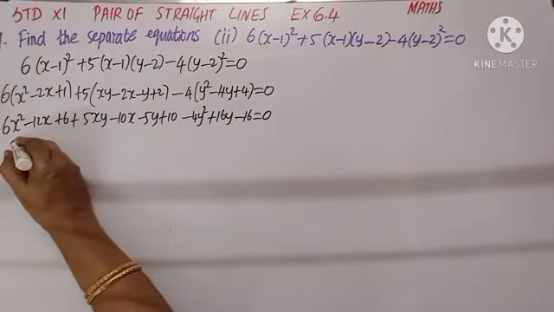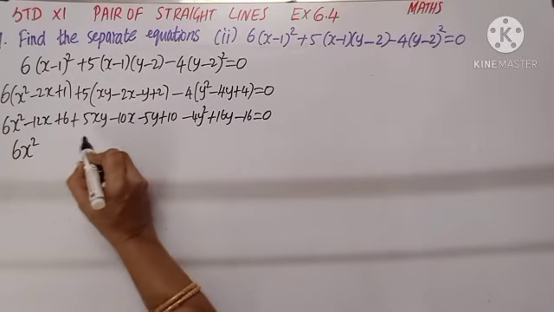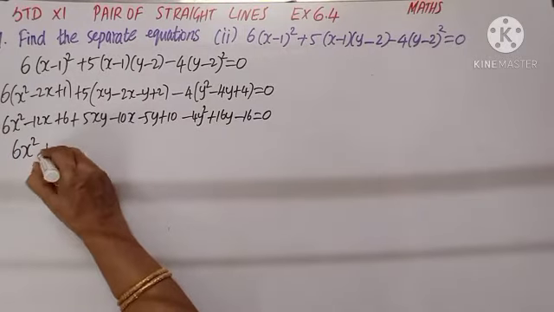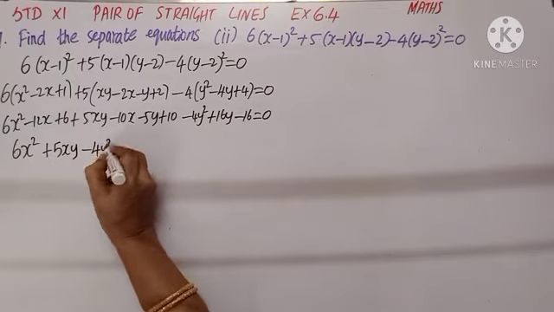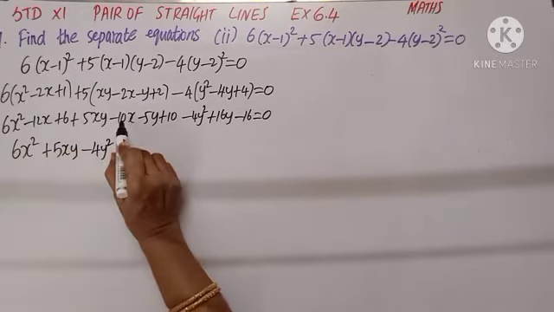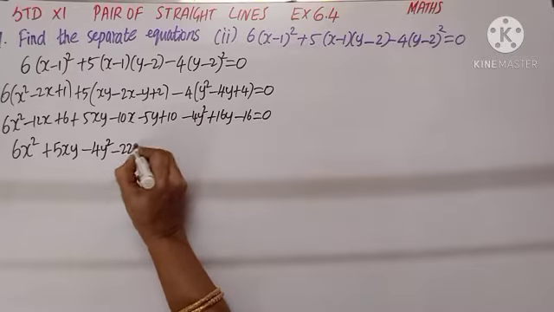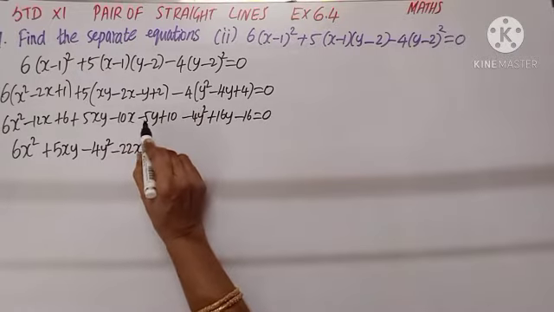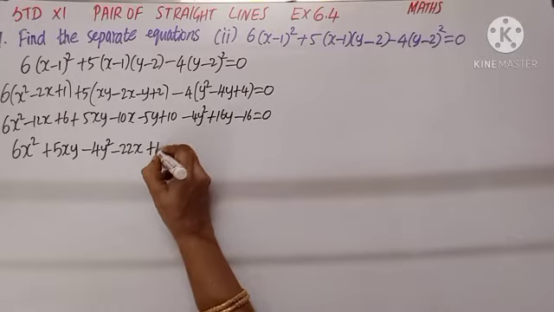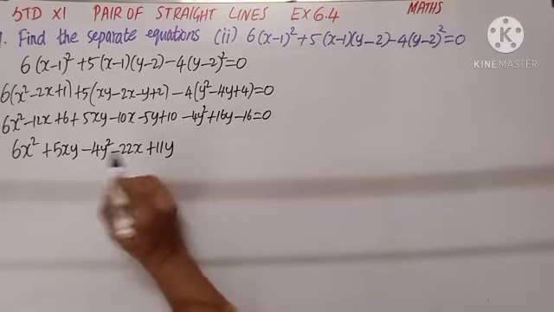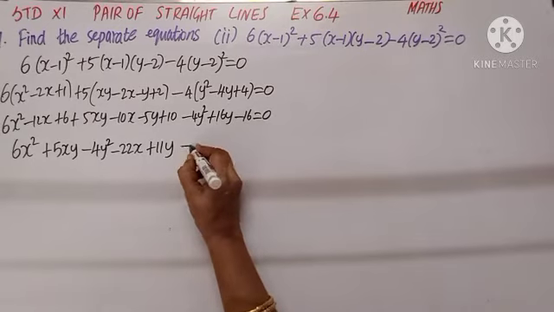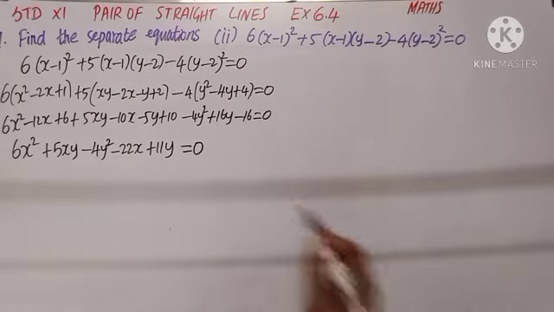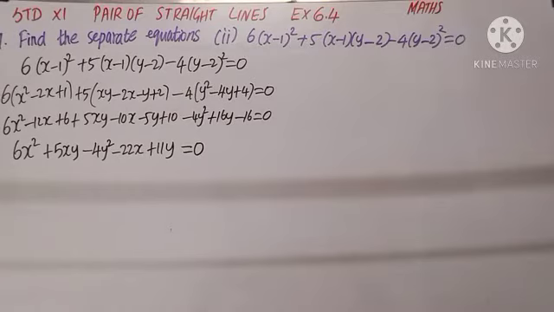Combining the like terms, we get 6x square plus 5xy minus 4y square minus 12x minus 10x minus 22x minus 5y plus 16y is 11y. 6 plus 10, 16 minus 16 cancels. So this is the combined equation.